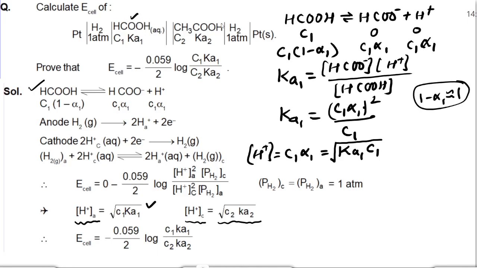See, this is the anodic compartment, this is the cathodic compartment. At the anode, hydrogen gas gives 2H+ (anode) plus 2 electrons. At the cathode, 2H+ (cathode) plus 2 electrons give hydrogen gas.